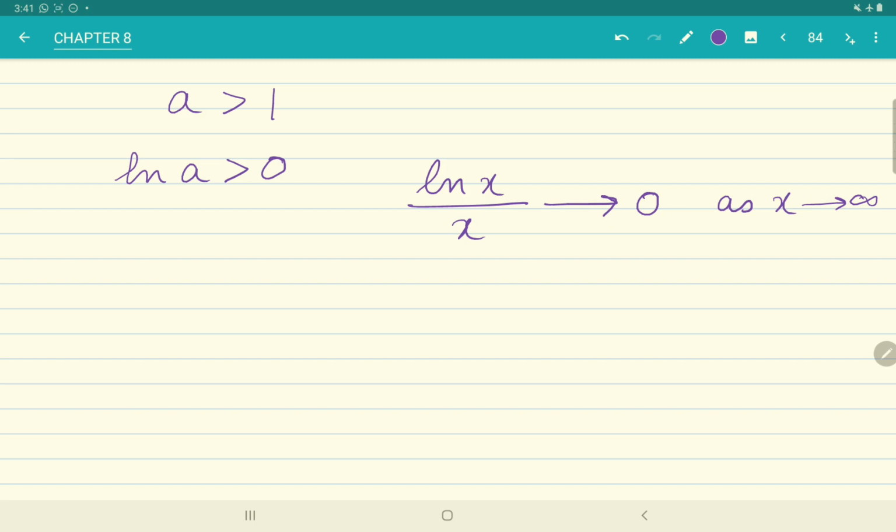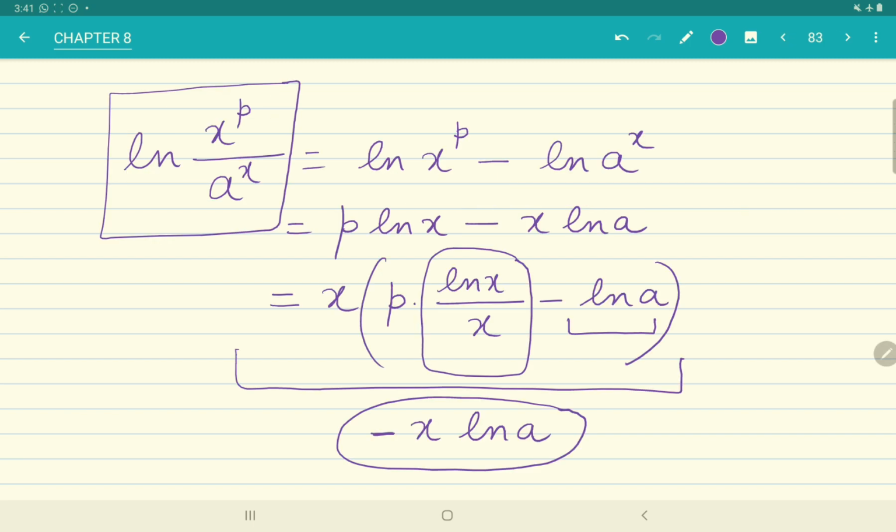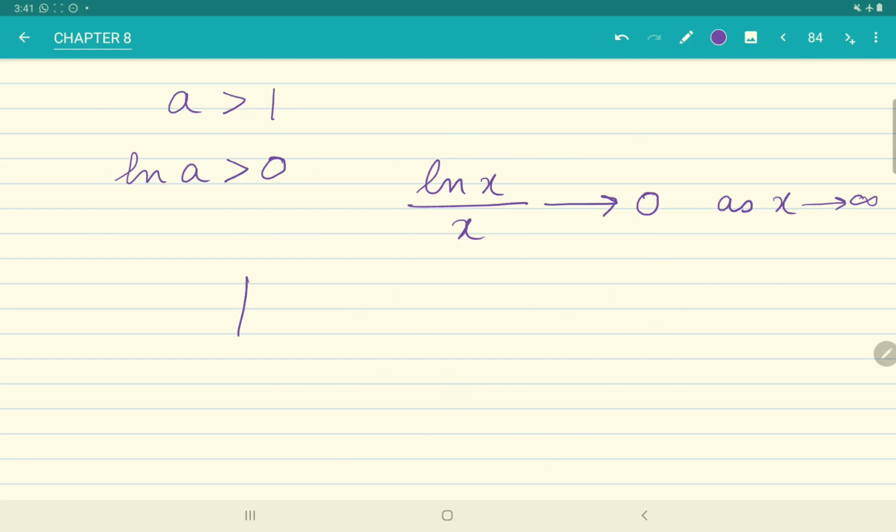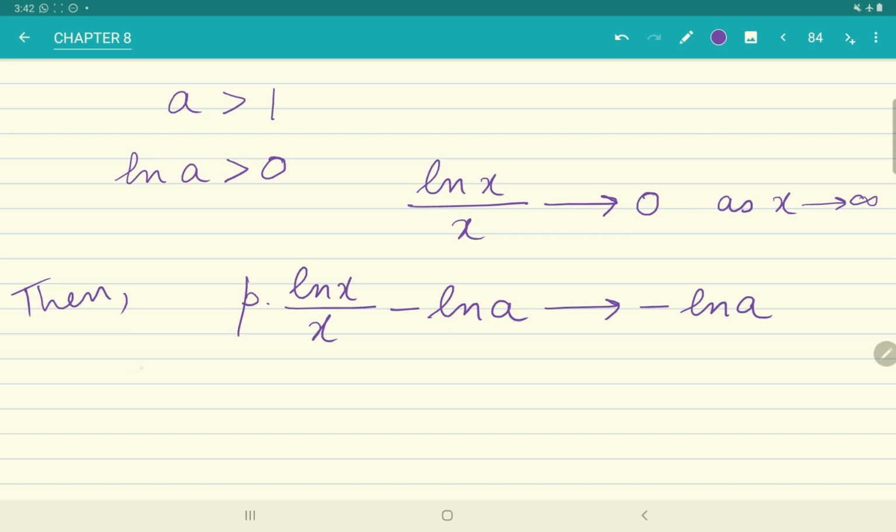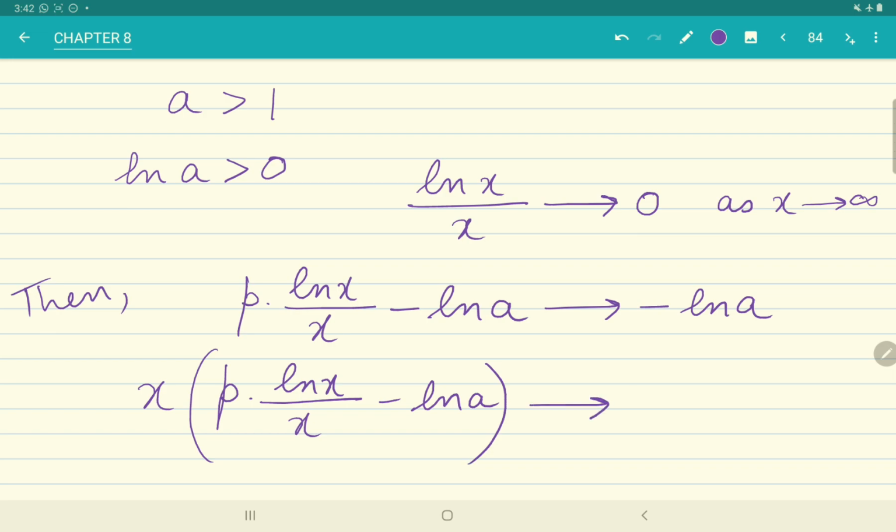Because if this is the case, I'll repeat, then p ln x by x minus ln a will tend to minus ln a, and x times (p ln x by x minus ln a) will tend to minus x ln a.